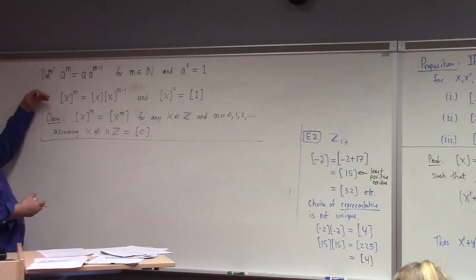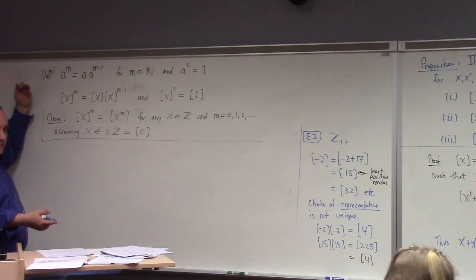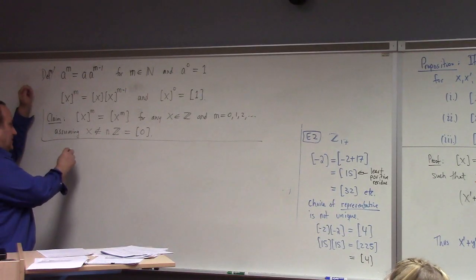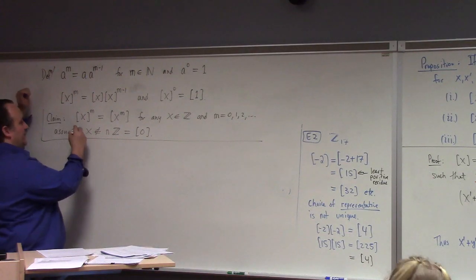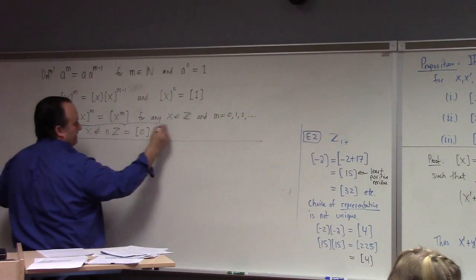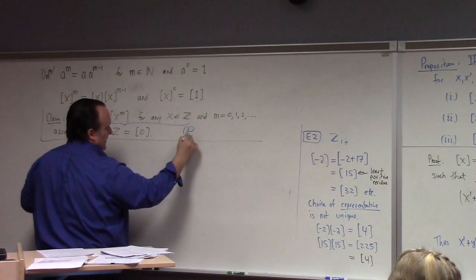So this is an inductive claim, right? What's the base case? So I'm going to call this right here P(m).